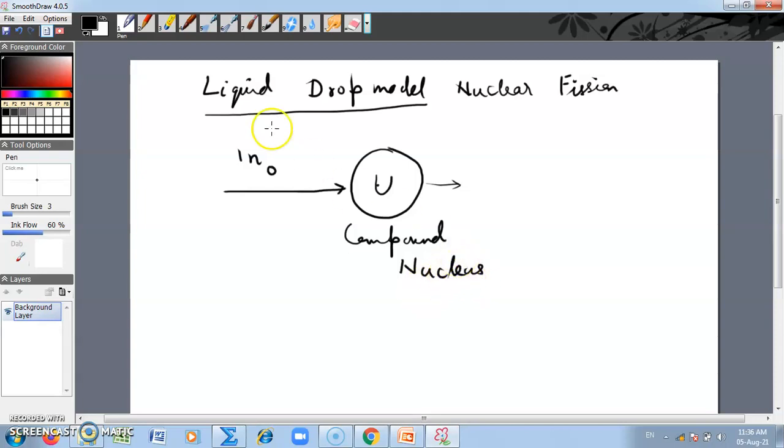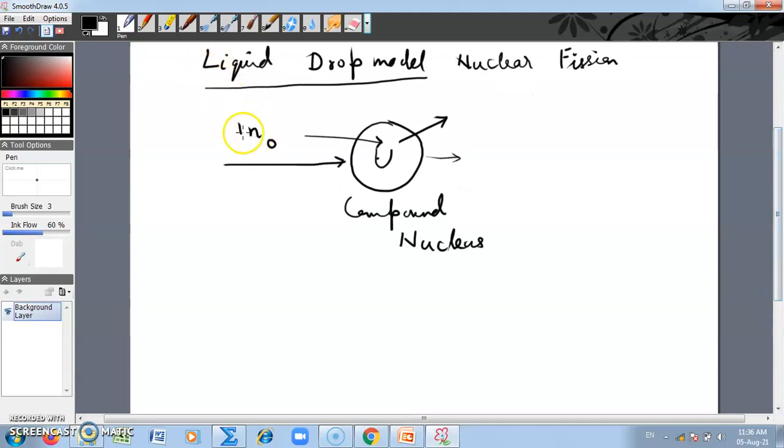So in this, what happens? When the neutron comes and enters here, this uranium gets into violent vibrations. You know that as it is, there is a vibrational motion, but now the vibrations become very violent. Why does it become violent? It's not only because the neutron obviously comes with a great kinetic energy. So it enters here, it gives a part of its kinetic energy to this, but then there is something called the binding energy.